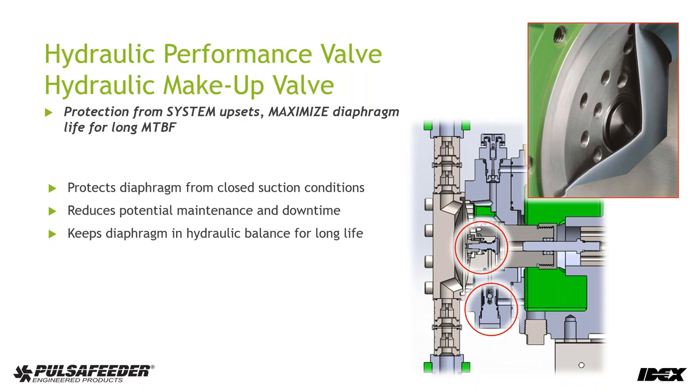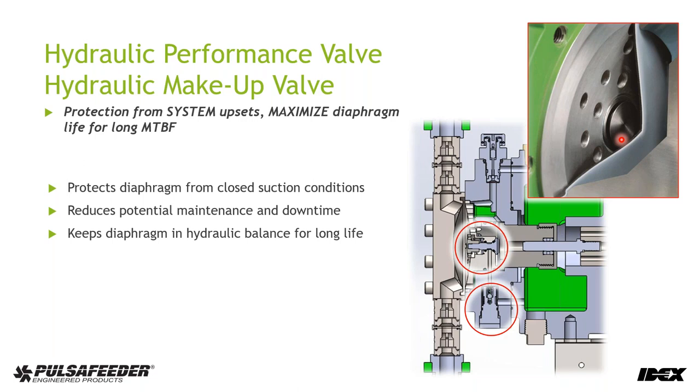So what does this do? It's located just behind the diaphragm, internal to the pump. And with each stroke of the pump, if the diaphragm comes in contact with that, the pump automatically fills that cavity behind the diaphragm to make sure the hydraulics are firm and hard on either side of that diaphragm.